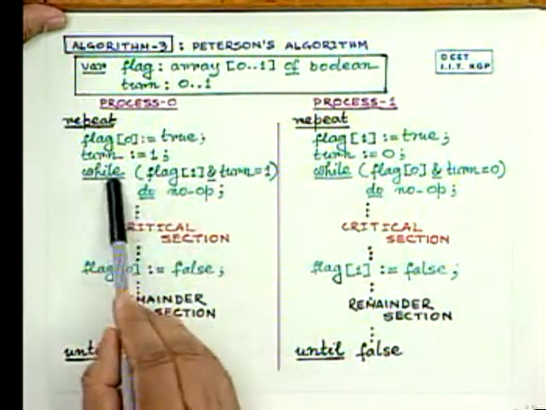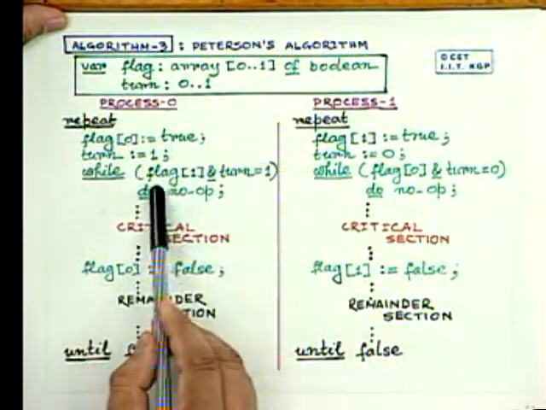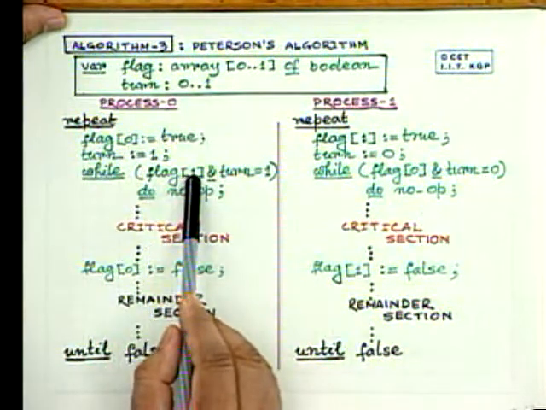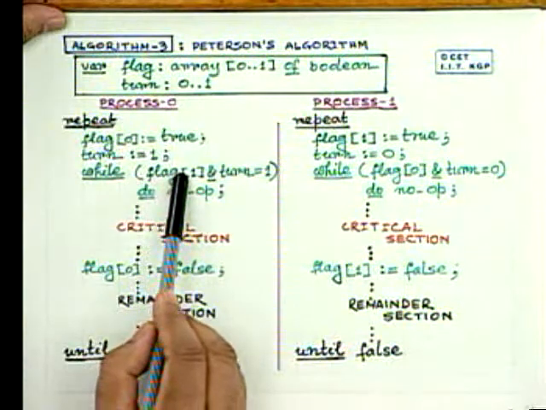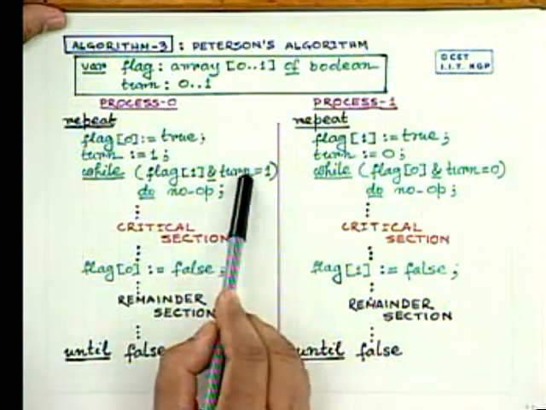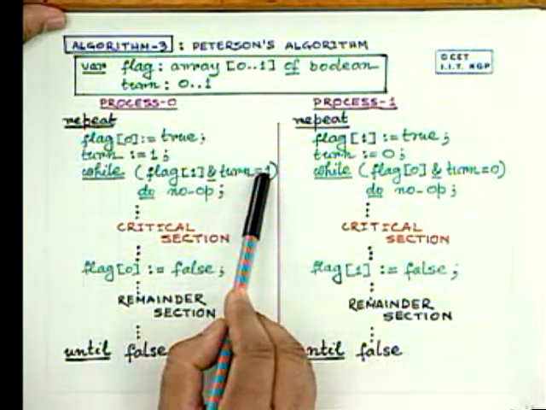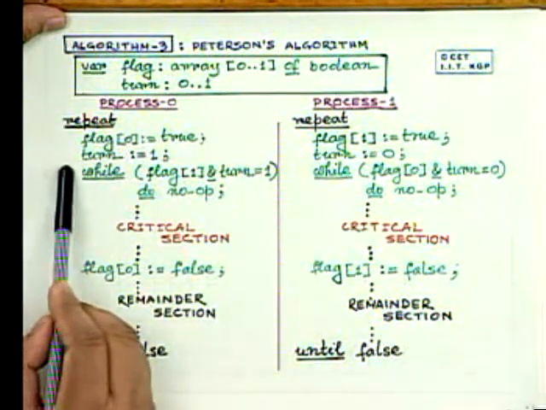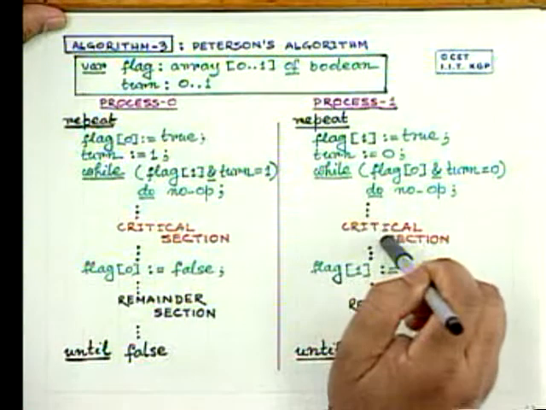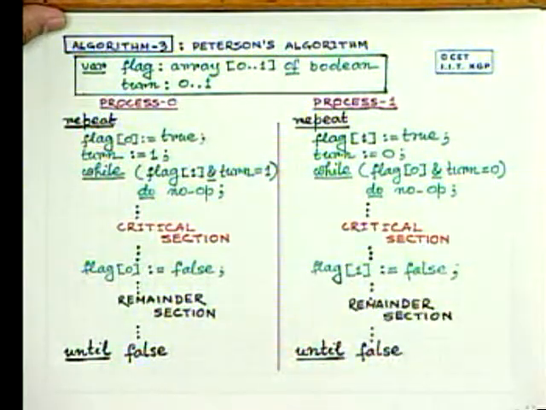And then it is in this while loop. It says that if flag 1 is true and turn equal to 1, that means if process 1 wants to enter and it is process 1's turn to enter, in that case process 0 should wait, because in that case, process 1 should enter into the critical section.